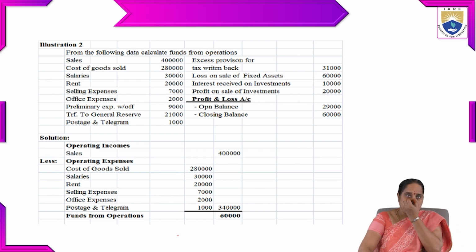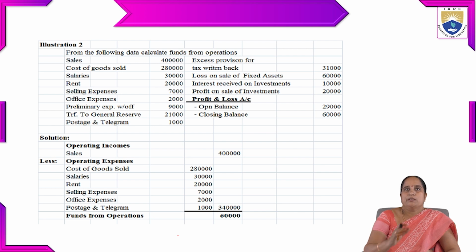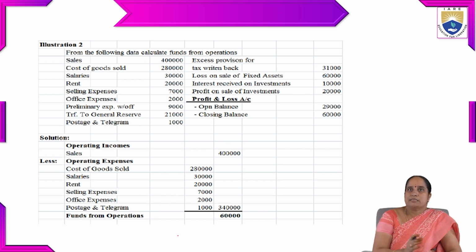Then take another example: from the following data, calculate funds from operations. We have been given sales, cost of goods sold, salaries, rent, selling expenses, office expenses, preliminary expenses written off, transfer to general reserve, postage and telegram, excess provision for tax written back, loss on sale of fixed assets, interest received on investments, profit on sale of investment, and from the profit and loss account, the opening balance and closing balance.